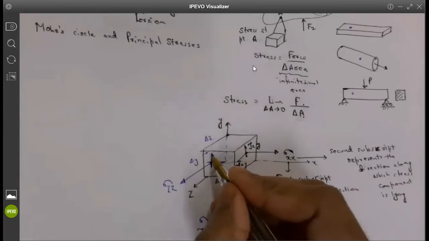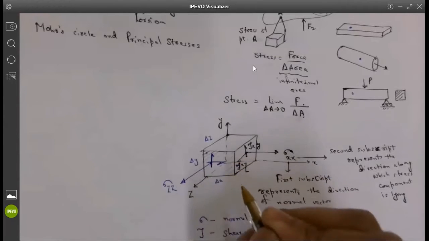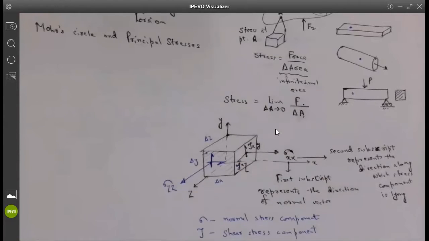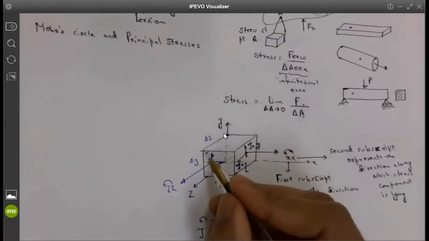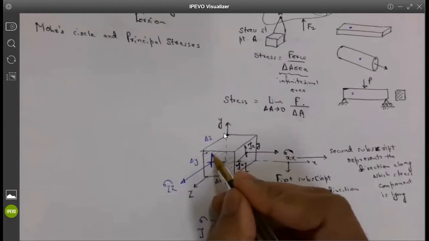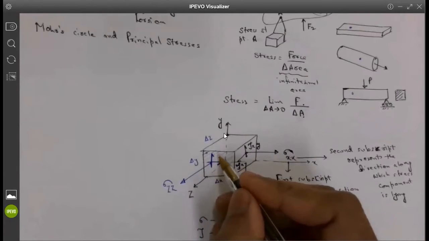So Gage, can you help me figure out what will be the stress component represented by this arrow? Sigma ZY. So you said sigma, what is that sigma? ZY.